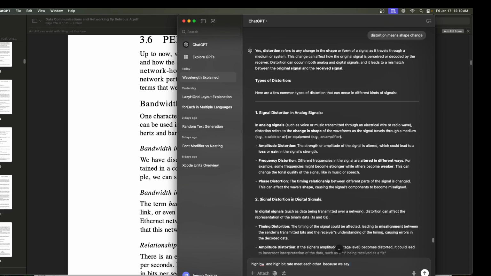High bandwidth means more signal, high bitrate, more bits are transmitted.